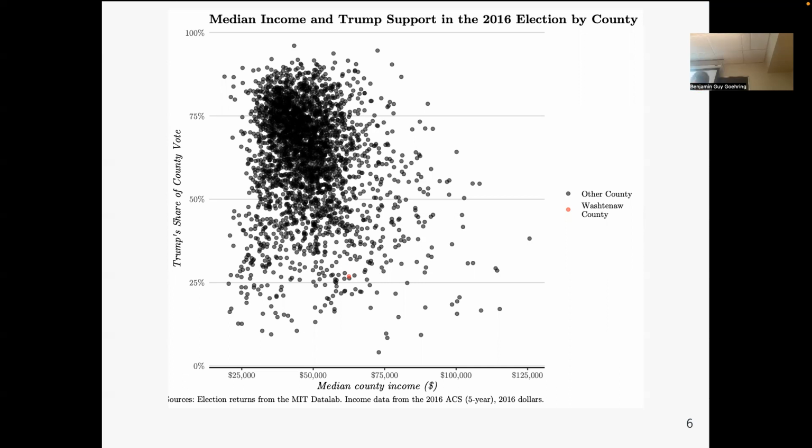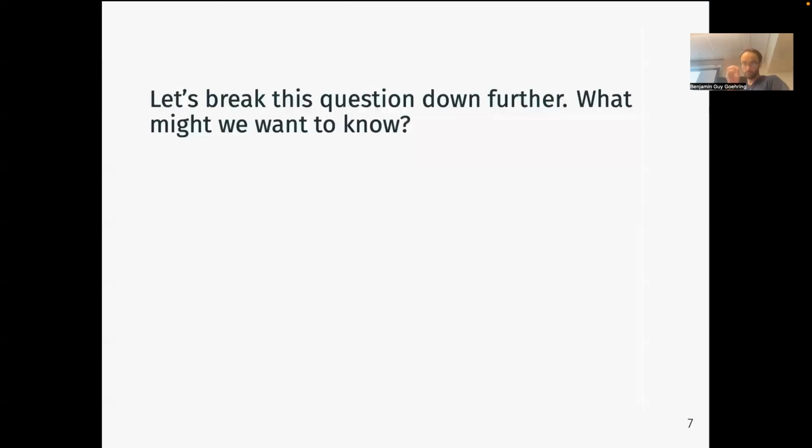New York City. Washington County, very liberal, not the wealthiest county out there, but definitely above the vast majority in terms of wealth levels. So this is just the visual relationship here between median income and Trump's share of the vote.